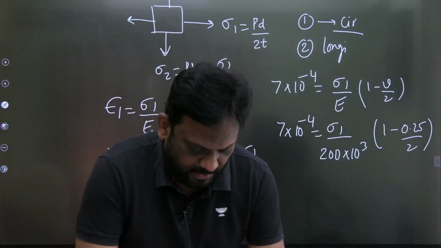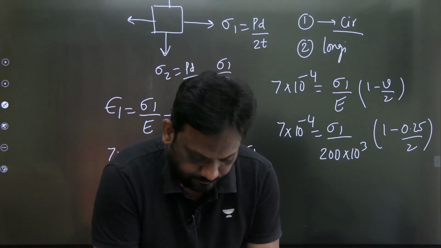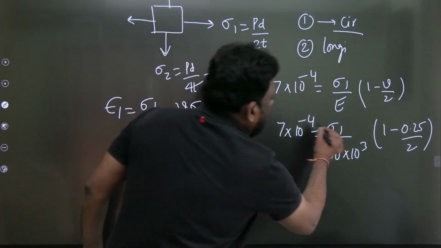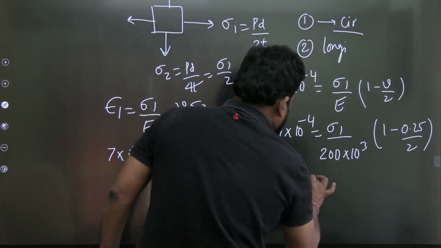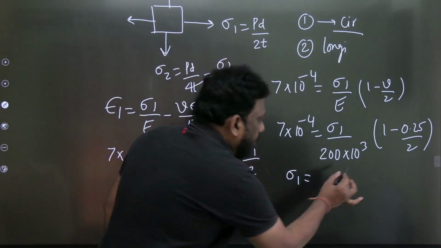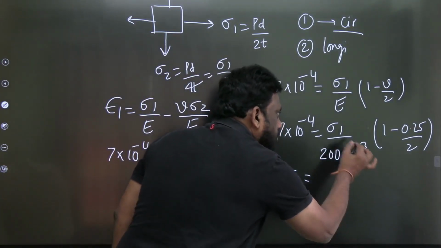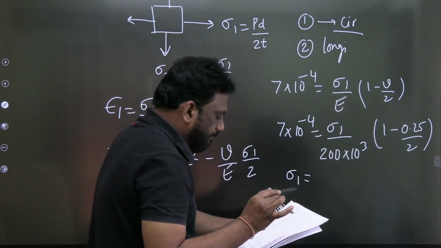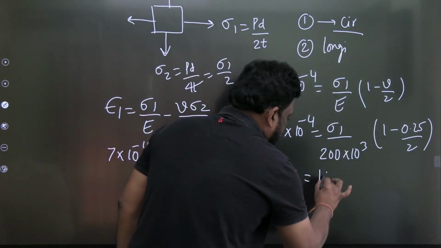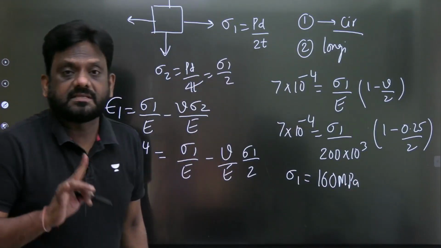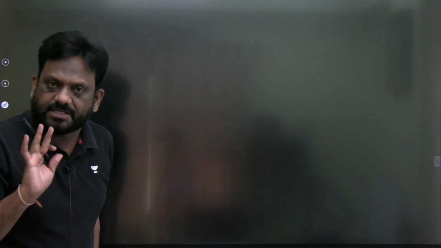If you calculate, you get sigma 1, and please note that sigma 1 will be in megapascal because we have converted giga to mega. I am getting sigma 1 as 160 megapascal. But please note that he has not asked for sigma 1. He has asked for the pressure to which the cylinder is subjected.